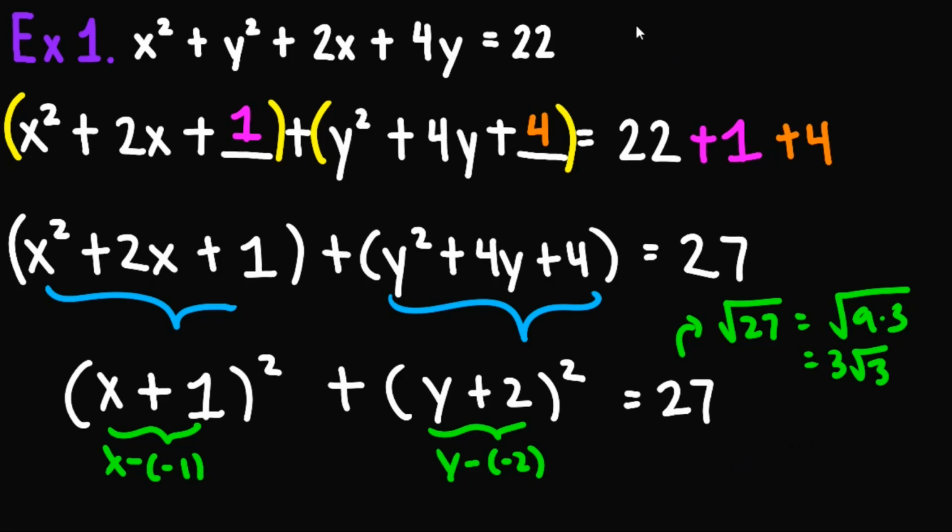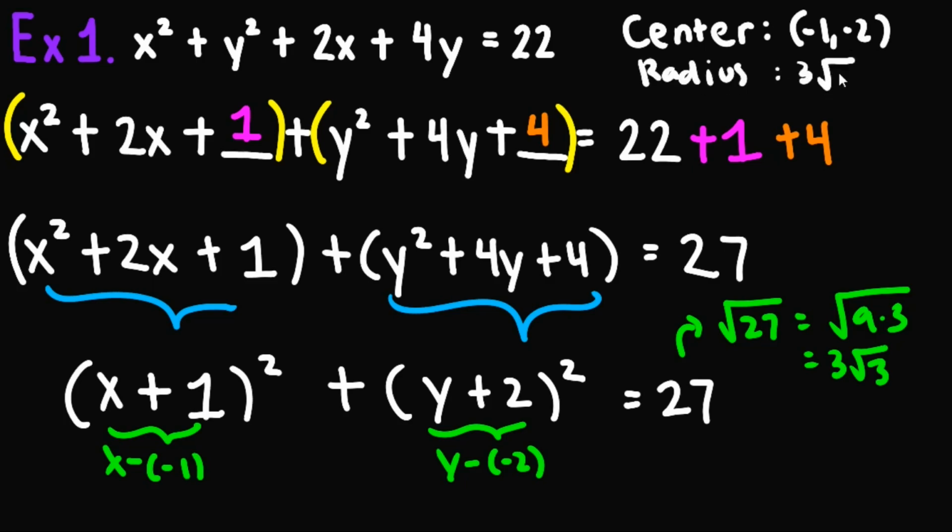Let's just put it above. So the center is given by the point negative 1, negative 2, with radius given by 3 square root of 3 units. So that is how we convert the standard form to its center radius form and obtain its center and radius.